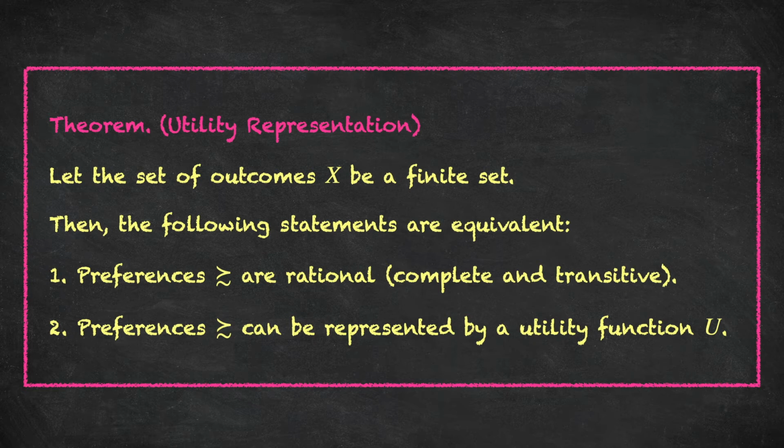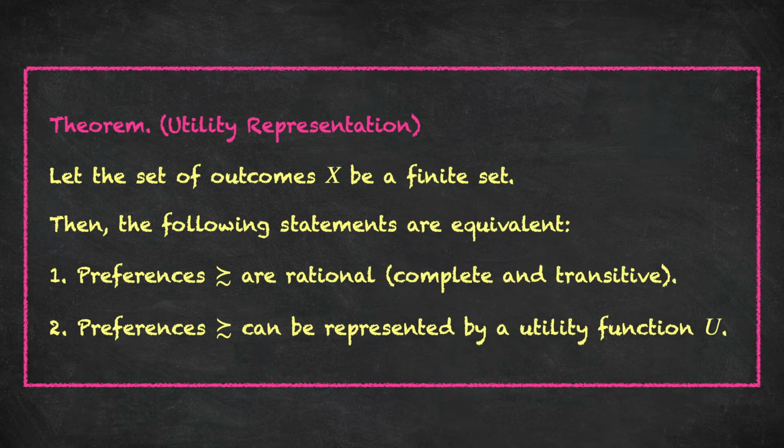Notice that all we require for the existence of a utility function when we're dealing with finite sets of outcomes is that preferences are complete and transitive. So dealing with utility functions and working with numerical functions rather than working with preferences really is without loss of generality in this framework.